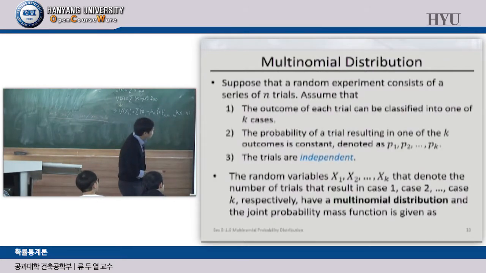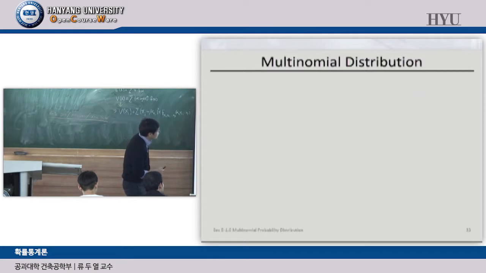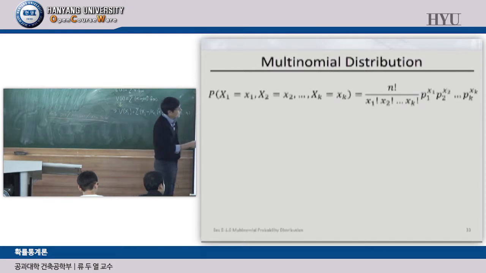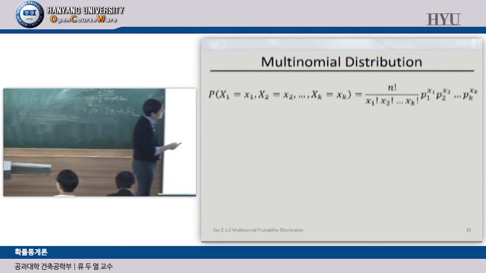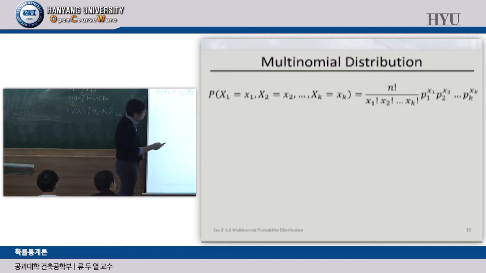So the joint probability mass function for the multinomial distribution is equal to n factorial. This is the number of total trials, right? Over x1 factorial, x2 factorial, ..., xk factorial, the number of each type of trial, multiplied by the probabilities: P1 to the x1th power, times P2 to the x2th power, ..., Pk to the xkth power.